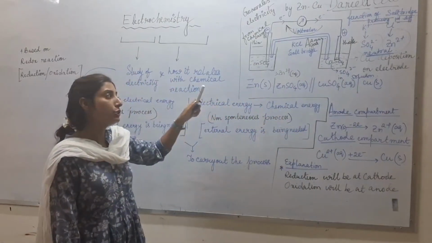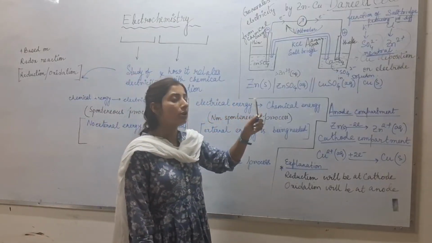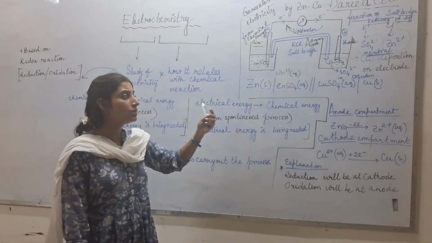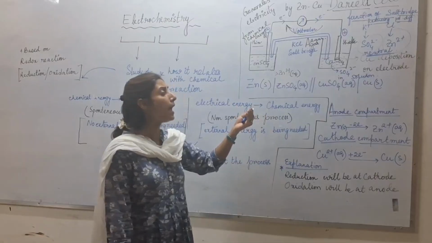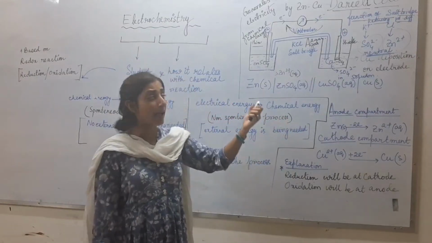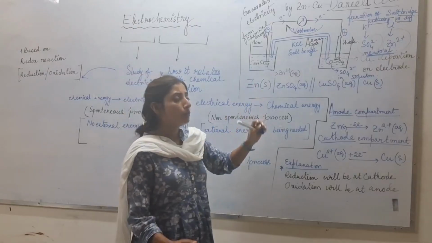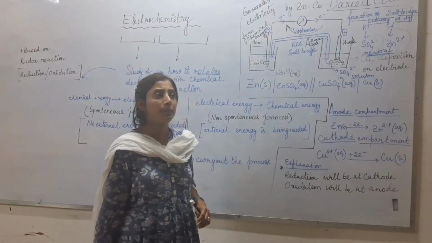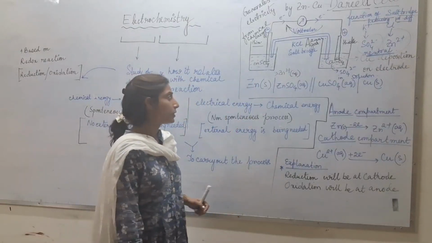The CuSO4 solution contains Cu2+ ions, which capture the donated electrons and are deposited on the copper electrode.